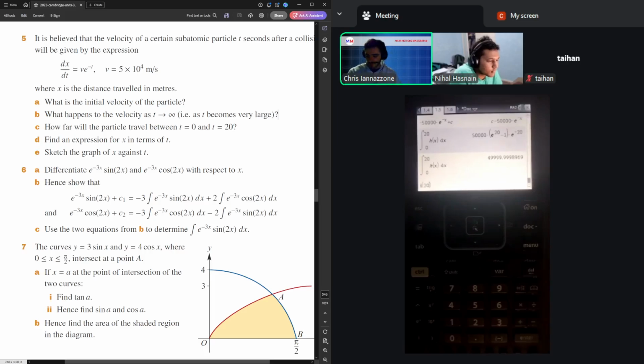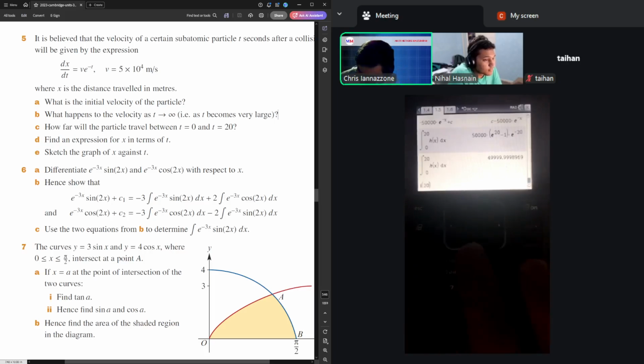Because I is position, you're finding position at 20 minus position at 0. Yes, you did a definite integral, but if you think about how the function changes and what you're shoving into that function, you've gone to position and you've subtracted two position values from each other. Or in other words, you found the difference of position between two separate times.